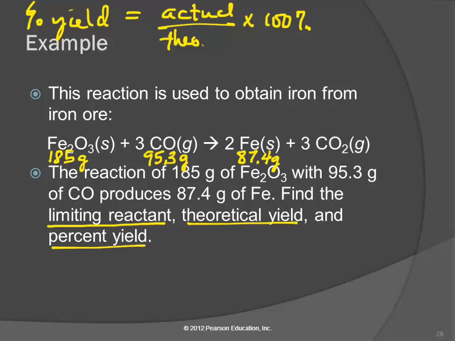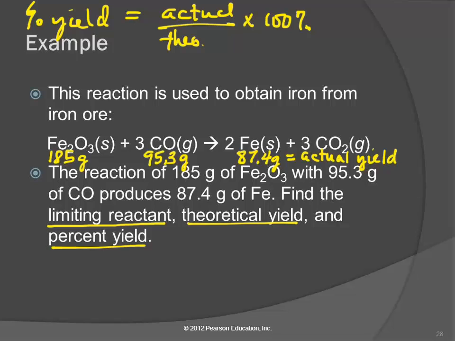But in a problem like this, you're not doing an experiment. They have to give it to you. So that means that one of those numbers is the actual yield. So they gave you an amount of iron, right? That's going to be the actual yield. This problem can be confusing because they gave you 3 masses and they didn't really label them at all.